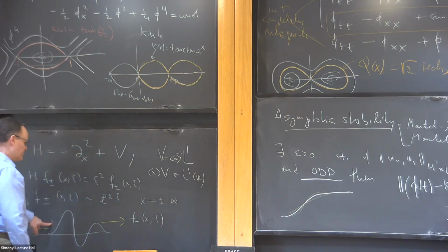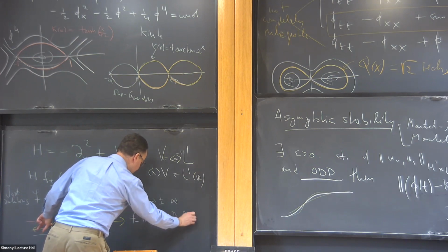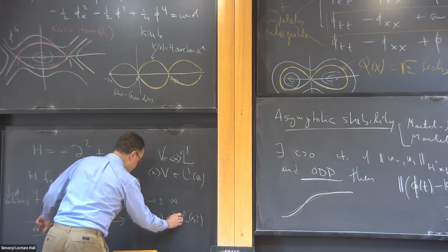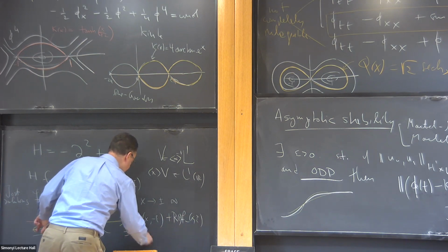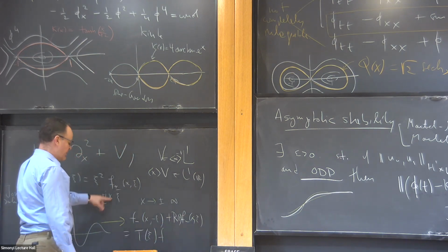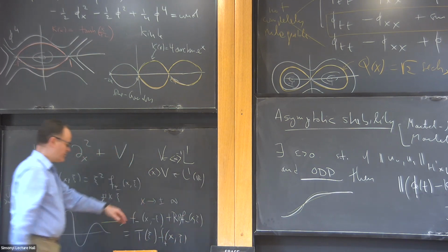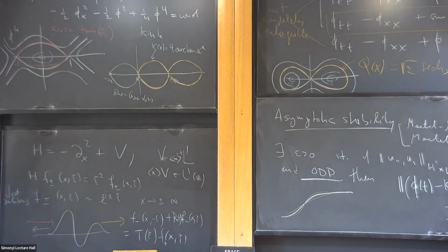That's the incoming wave. Then to it, you add the reflected wave, which is f plus of x, psi, and this depends on psi. And this will have to equal the transmitted wave, which behaves like the plane wave at plus infinity. These are the relations between transmission and reflection coefficients.